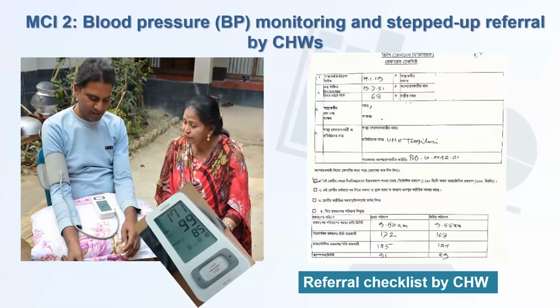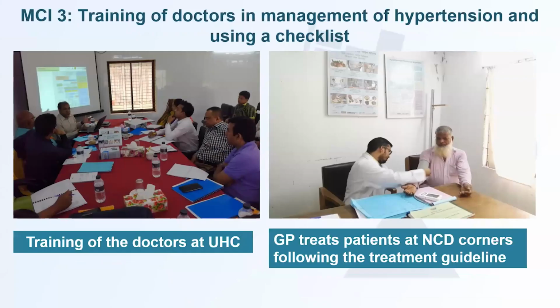The second major thing was that the healthcare worker, who is government staff, measured blood pressure following a standard method, and anybody having uncontrolled blood pressure or seeming to have difficulty was referred to the nearby district hospital for additional care. In that hospital, the doctors were trained to treat hypertension following algorithm-based case management.